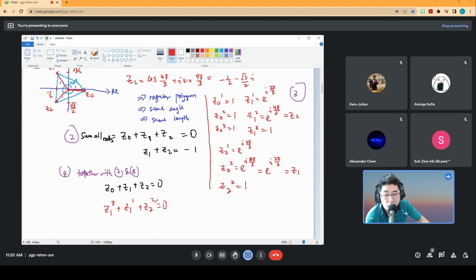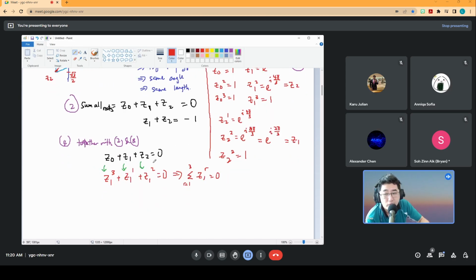If we write it in the form of Z1. Do you agree? Yes. So this tells us that the sum of Z1 power 1 to 3 gives me 0.